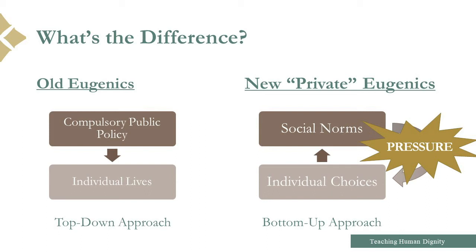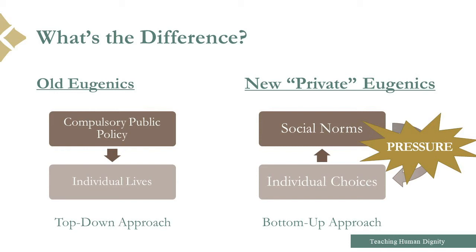But I'm going to argue today that we should maintain this distinction between public and private eugenics, because the recent characterization of disability-selective abortions as purely private is somewhat misleading. Certainly, private eugenic decisions are occurring, and I believe Kass is correct that these decisions take on a certain normative power.